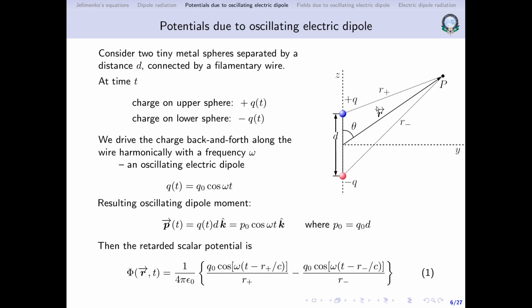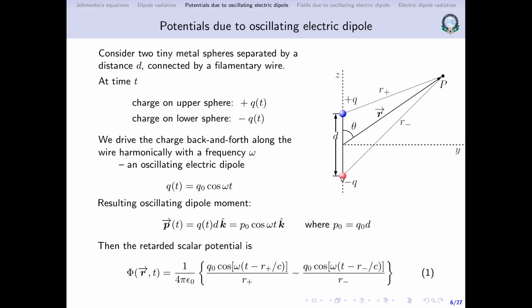So what will be the scalar potential here? Now it's very straightforward, because we know how to find the potential at a point due to a discrete charge distribution. For plus q and minus q, it will be simply k q1 by r1 plus k q2 by r2. So k q, where q is q naught cos omega, but instead of t we have to use the retarded time, t minus r plus by c, divided by the distance r plus.